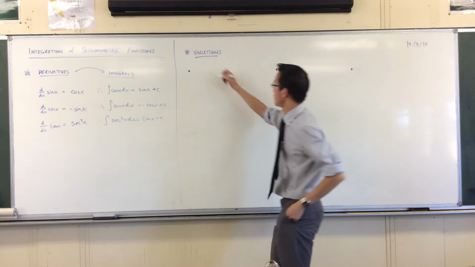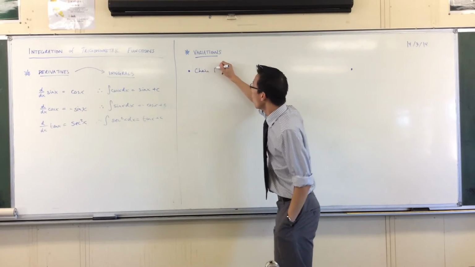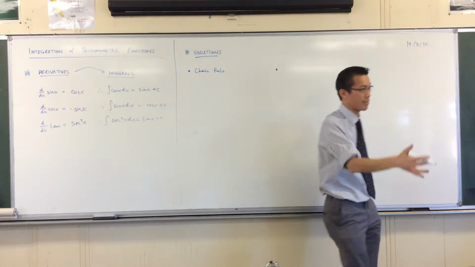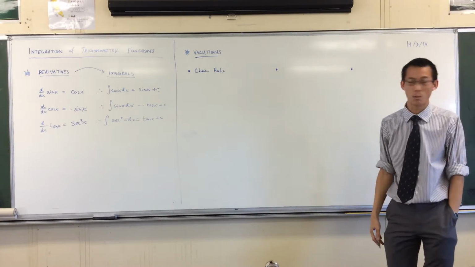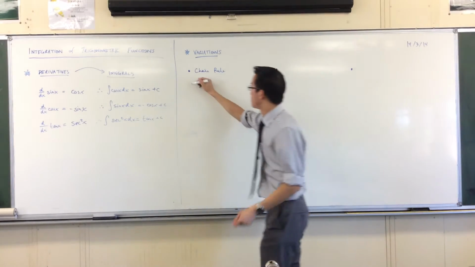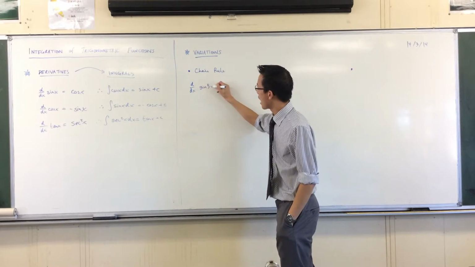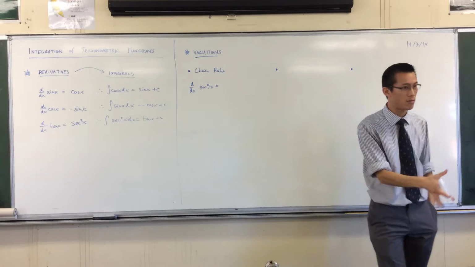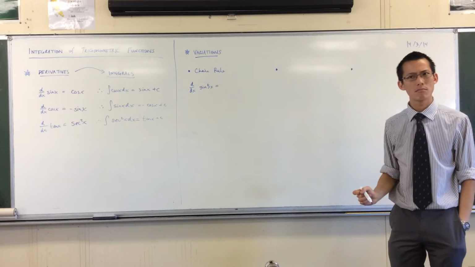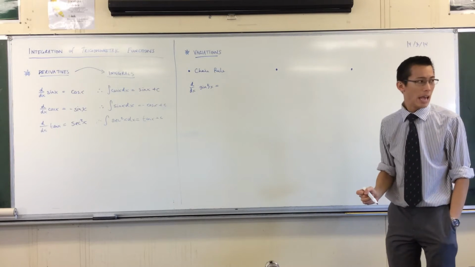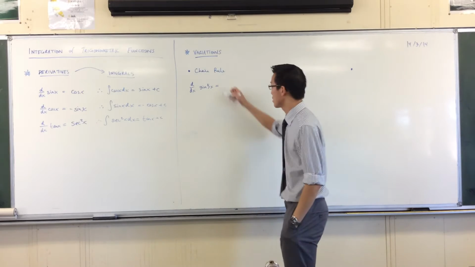So the first one is chain rule. Or, since we're thinking about integration, really it's reverse chain rule, right? Example, I'll do a simple one. The derivative of, say, sine 5x. It's chain rule, right? It's 5 cos 5x, isn't it?